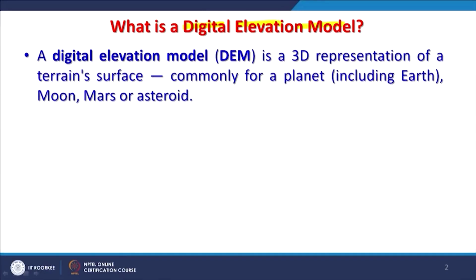There are three terms: digital, elevation, and model. It is a model, it is not a real world. This one has to remember, and it is in digital form, and generally we keep an elevation value as the cell value, and therefore we give the general name digital elevation model.